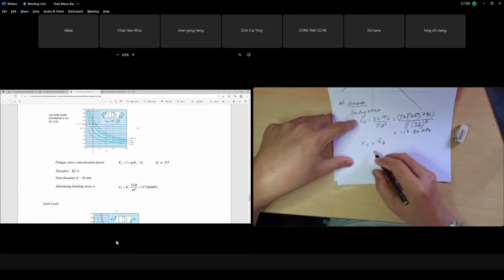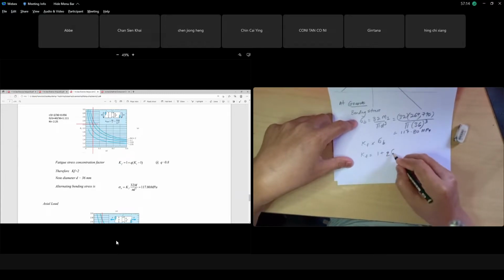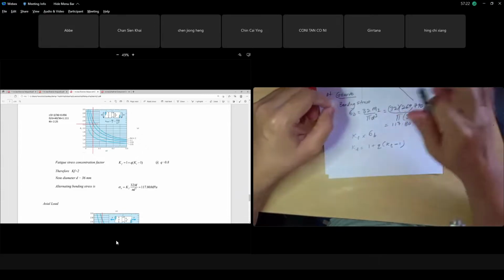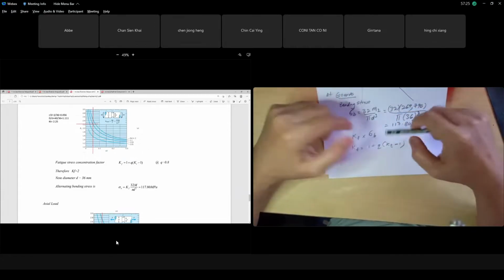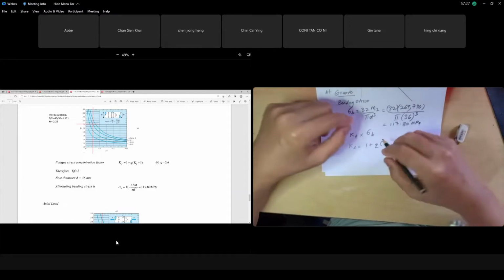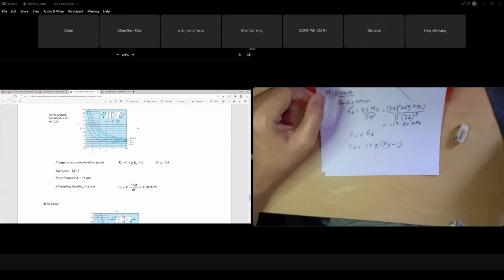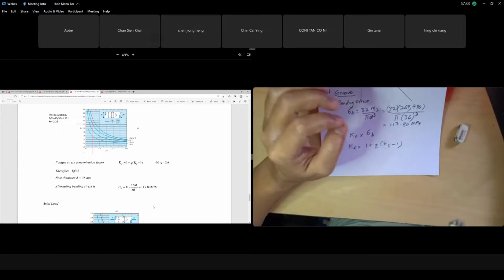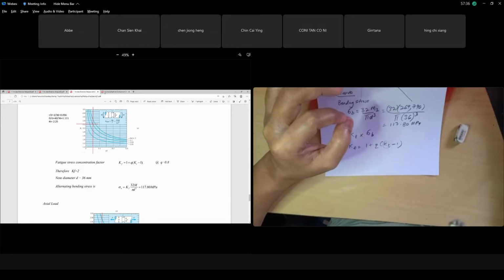So what is KF? KF equals 1 plus Q times KT minus 1. So what are Q and KT? Q is the notch sensitivity. KT is the static stress concentration factor. So how do we get this Q and KT? For KT, take note, guys. KT is the static stress concentration factor. To get the KT value, it is not in chapter 8, it's in chapter 4 of your textbook.